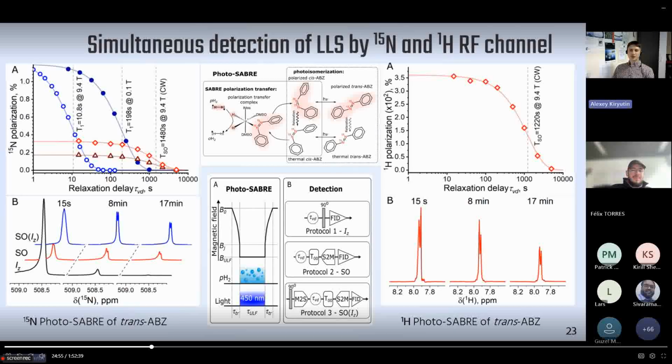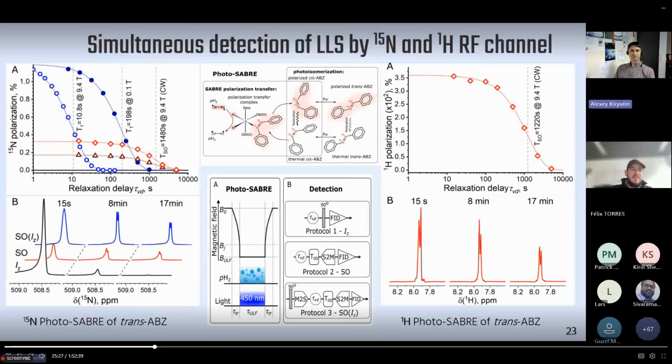We tried other water-soluble azobenzenes, but they are not 15N labeled. So we tried only at natural abundance, but with natural abundance, first of all, the signal is tiny, and we also found that 14N causes relaxation very fast. So we would like to have 15N-labeled substituted azobenzenes.